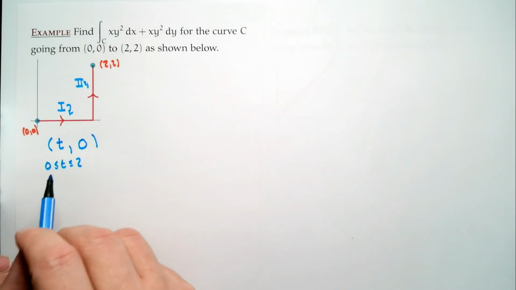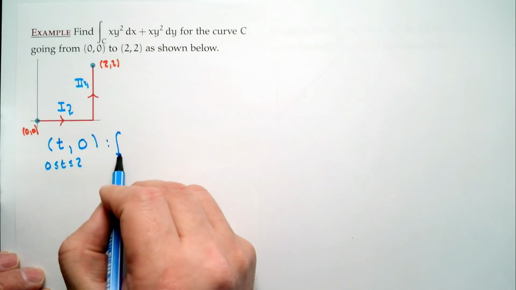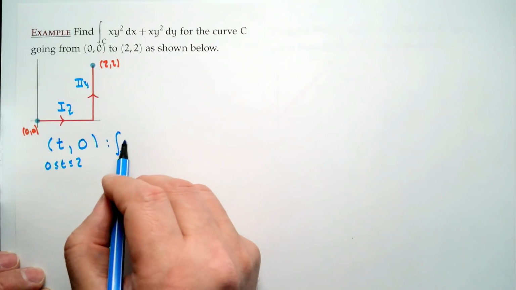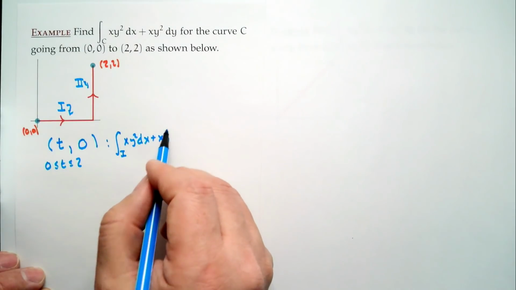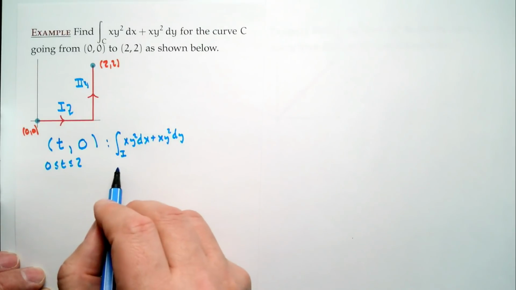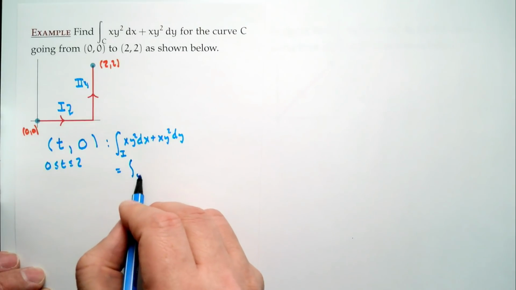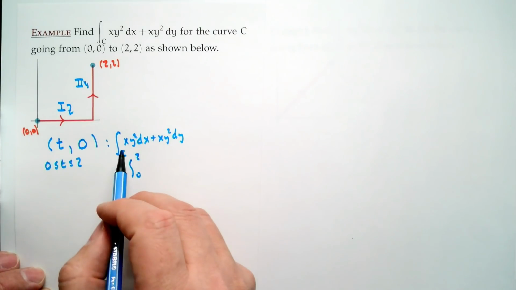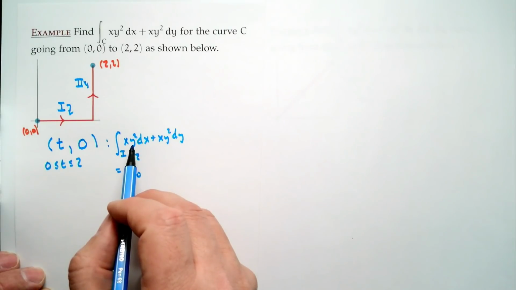All right, so if we do this integral for this curve, so I'm integrating along curve 1 of my expression xy squared dx plus xy squared dy. What do I do? Well, I use the time for the bound, 0 to 2. Everywhere I see an x, I put a t. Everywhere I see a y, I put 0.